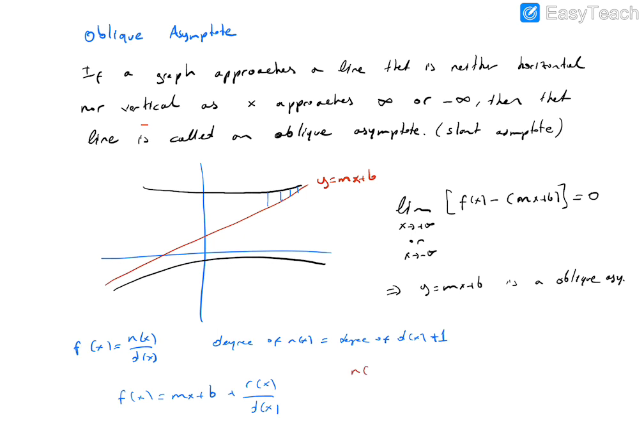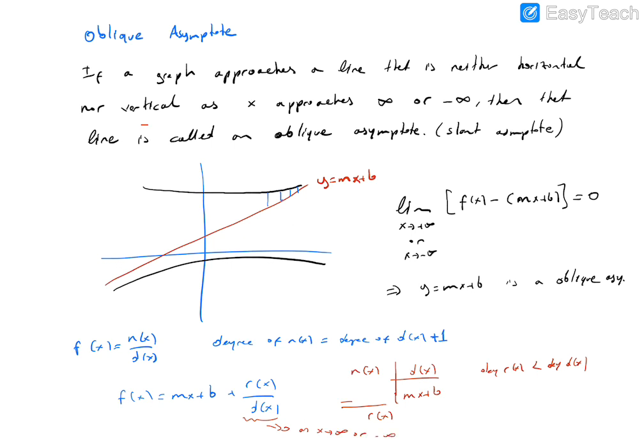So n of x over d of x, okay, here the degree of r is less than the degree of d of x, and mx plus b is the result. So this is mx plus b, and this is the remainder r of x. So the degree of r of x is always less than the degree of d of x. So this part approaches 0 when x goes to infinity or minus infinity.